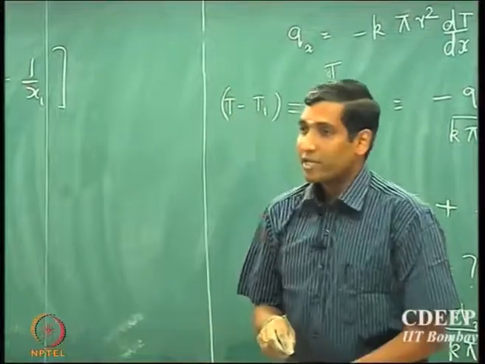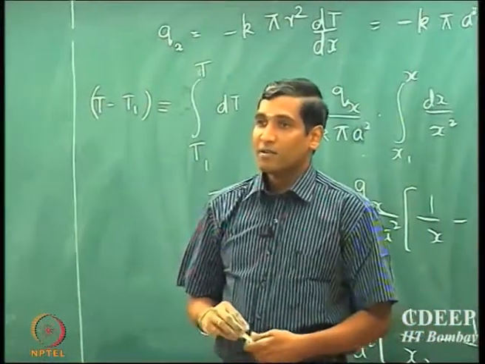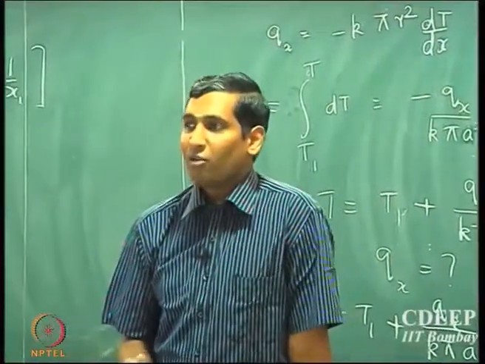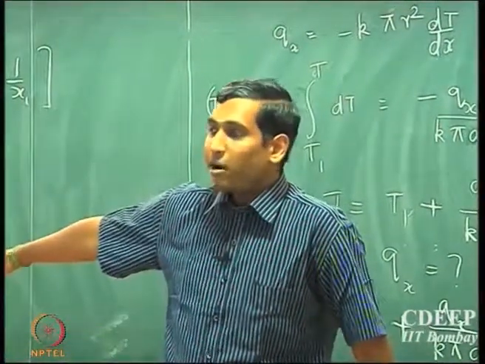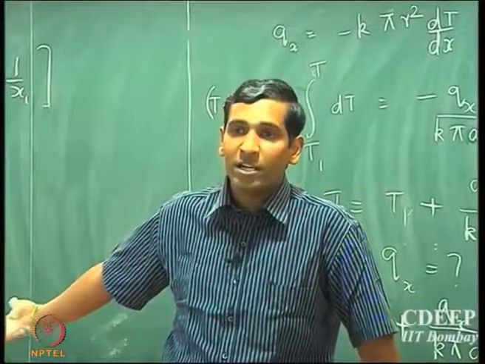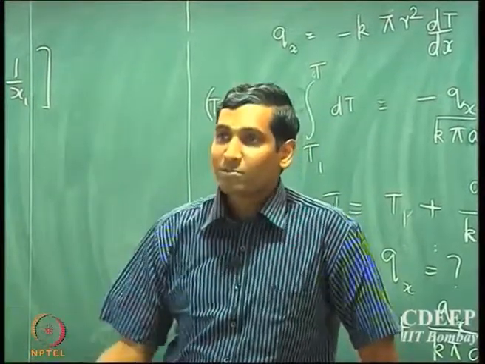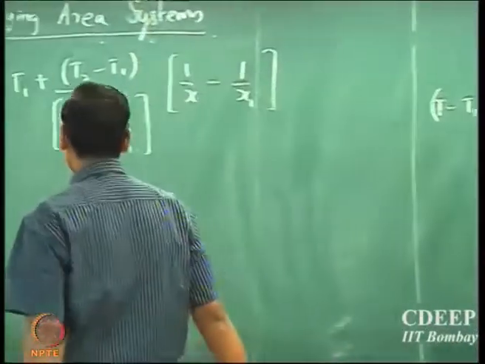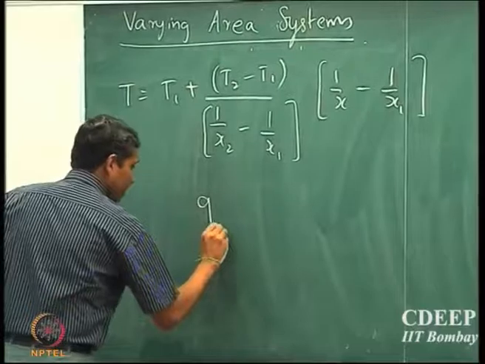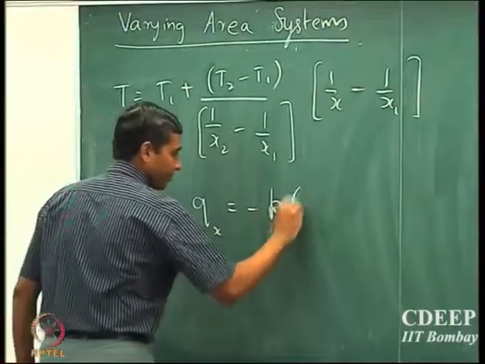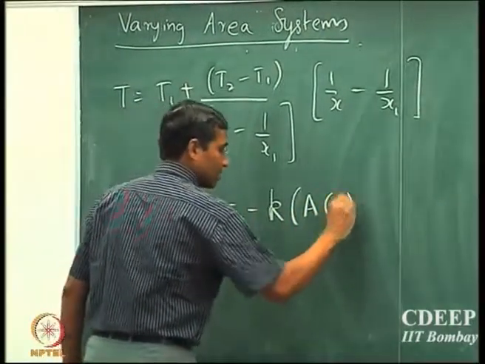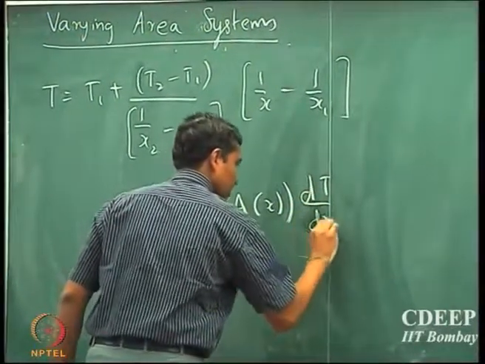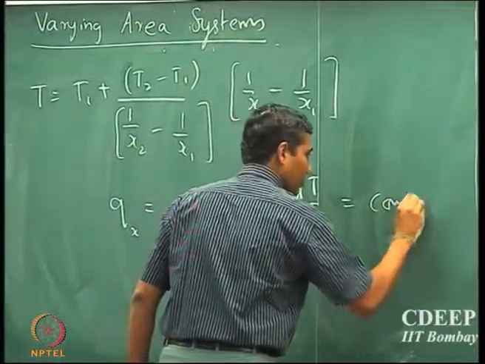An important message of this example is that what is preserved, what remains constant in this system because there is no heat generation or dissipation, is the heat transfer rate and not the flux. So you have to make a distinction here. What we said is the heat transfer rate remains a constant.